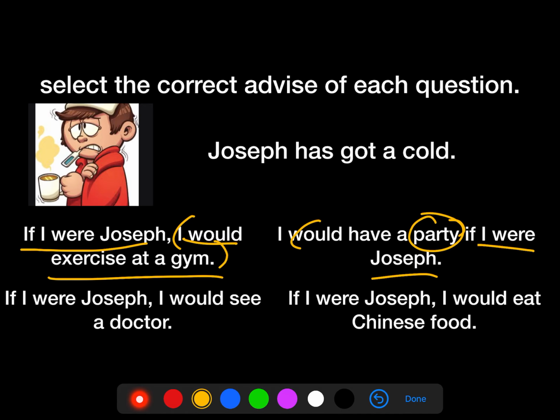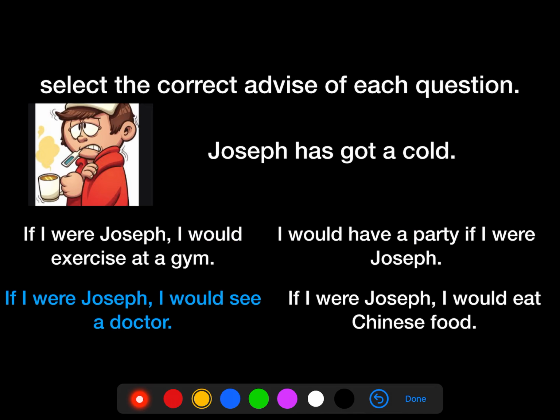Very good advice. Next one, if I were Joseph, I would see a doctor. Seeing a doctor. That's the third one. Next one, if I were Joseph, I would eat Chinese food. That's the fourth one. So which would be the correct advice for Joseph at the moment? The answer is, if I were Joseph, I would see a doctor.